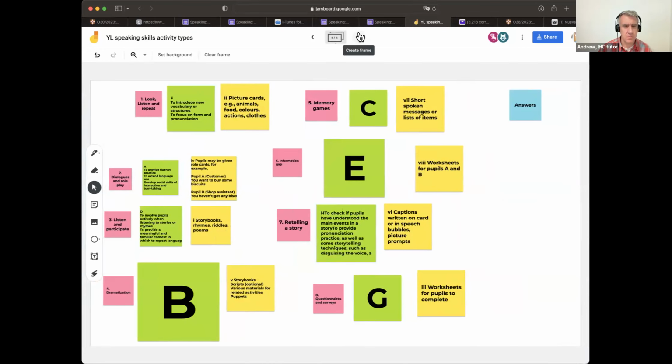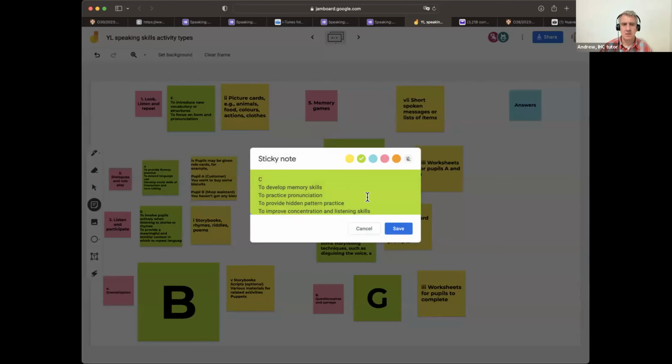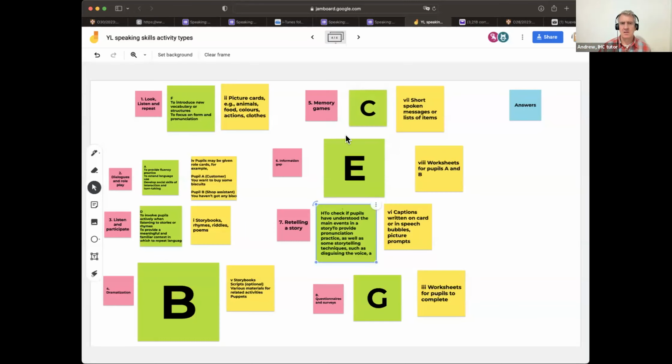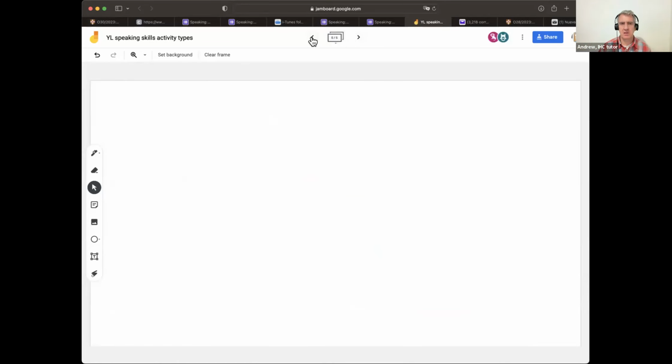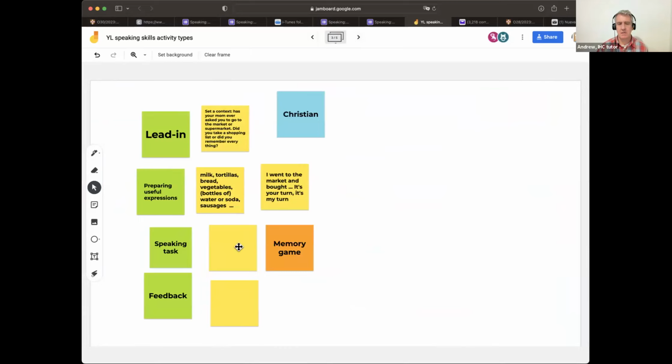No, it says short spoken messages or lists of items. Because what we've got to do is remember, we've got to get the students to, well, pronounce the words properly and pass the message on a line. So I think the first thing would be to get the students to stand in a line, right?